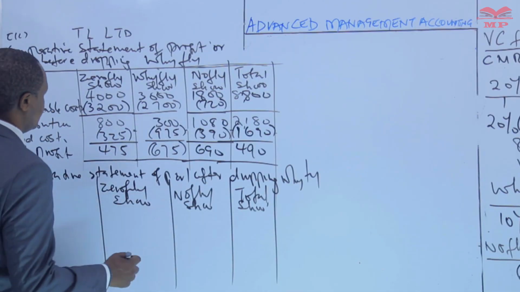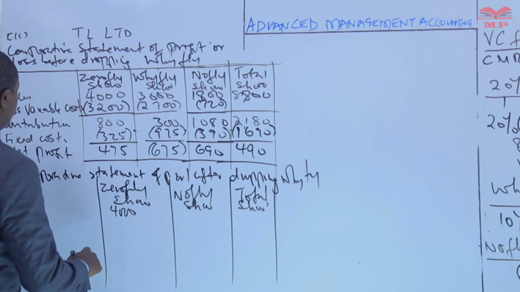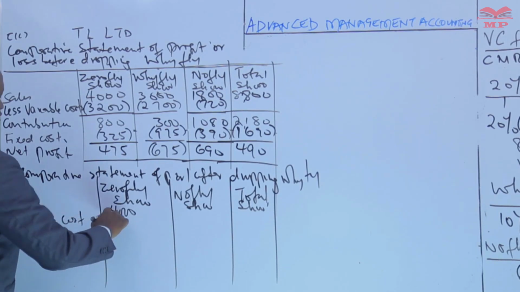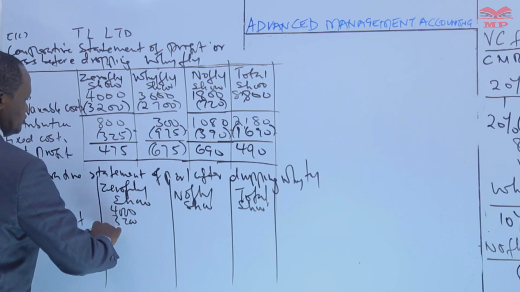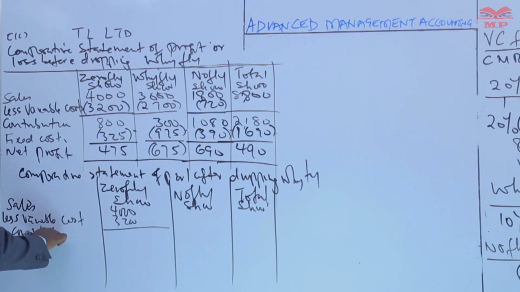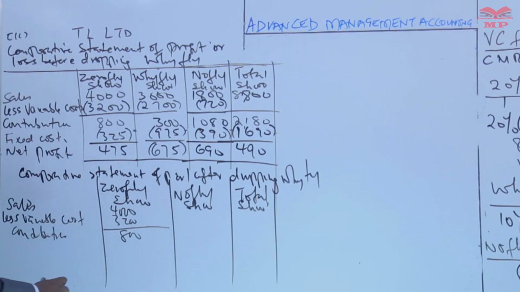So we'll still have the sales at 4 million. The variable costs will still be at 3.2 million. The contribution will remain 800,000.